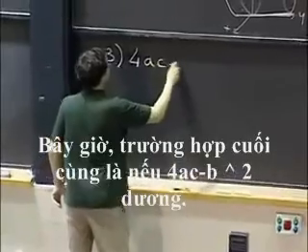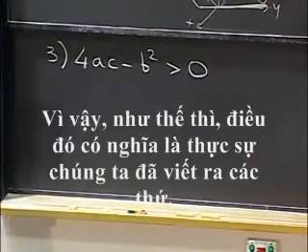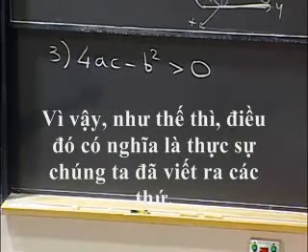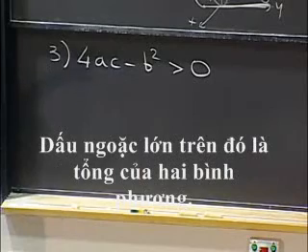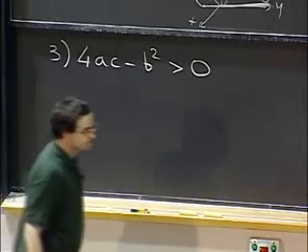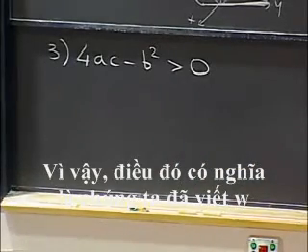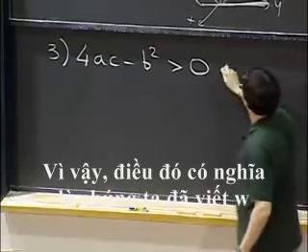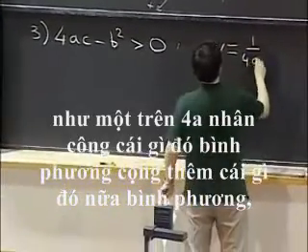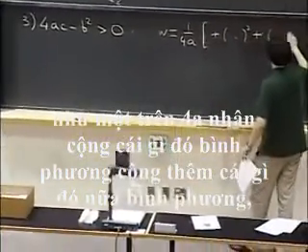Now, the last situation is if 4ac minus b squared is positive. So then that means that the big bracket up there is a sum of two squares. So that means that we've written w as 1 over 4a times something squared plus something else squared.